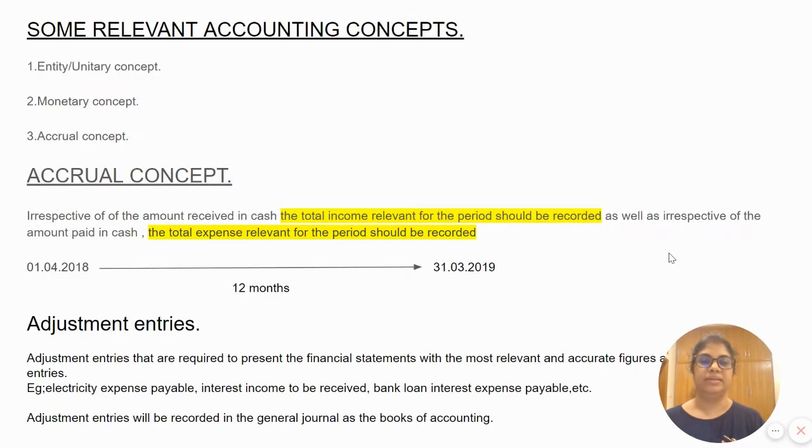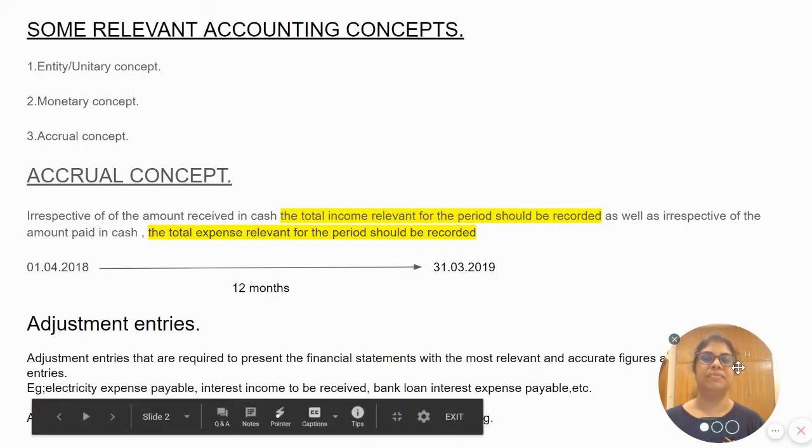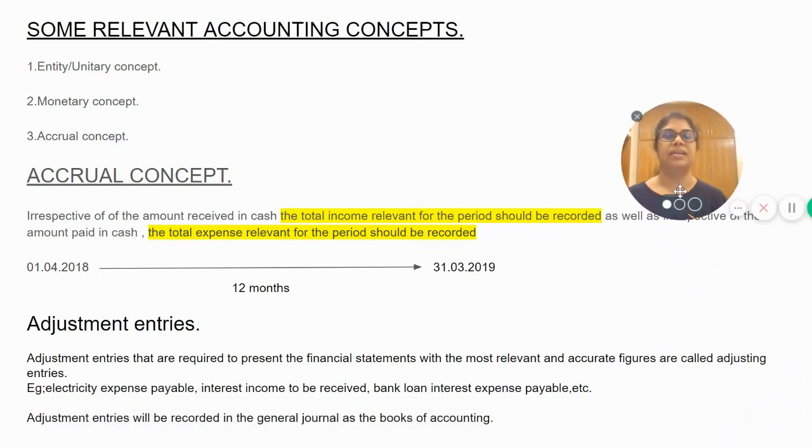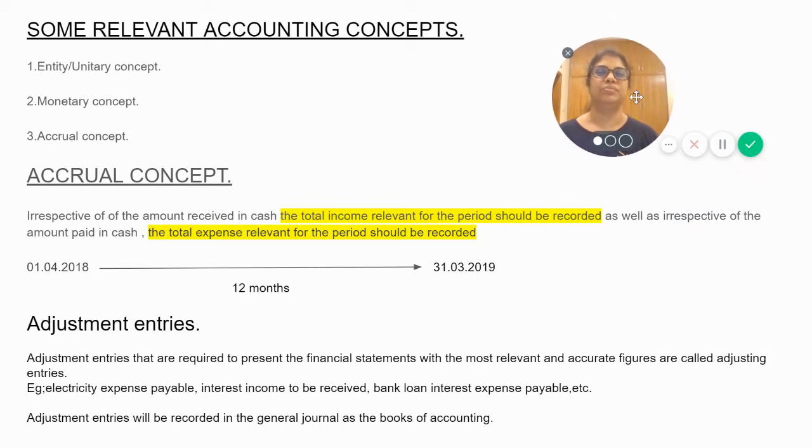Before going to that, I would like to draw your attention to some relevant accounting concepts, which you will study in greater depth at A levels.